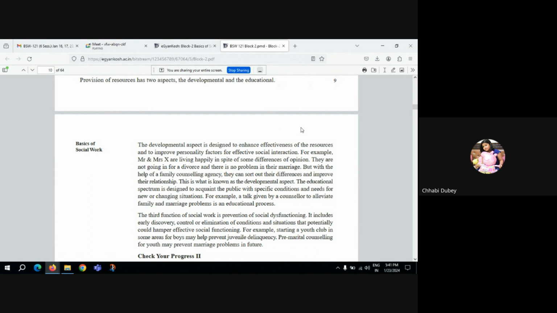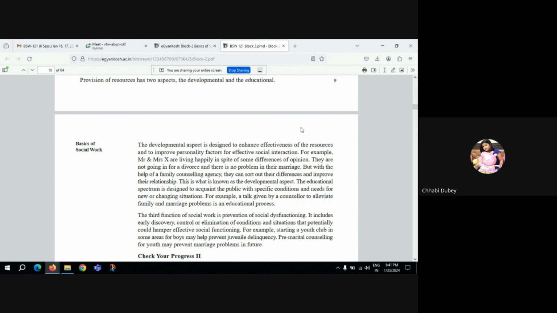You can spread awareness on the importance of women's education. You can educate the community on why vaccination of young children is required. So all of these come under the educational aspect.